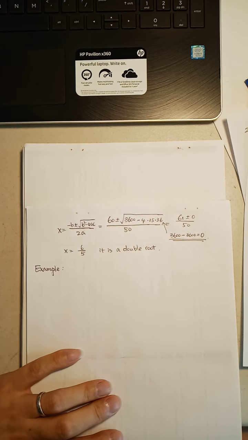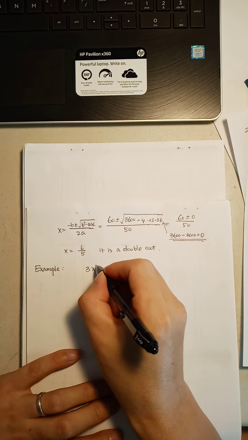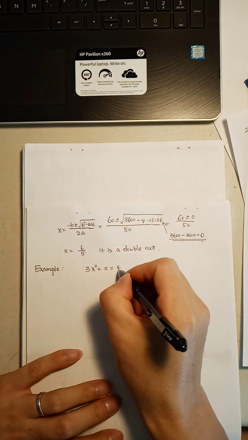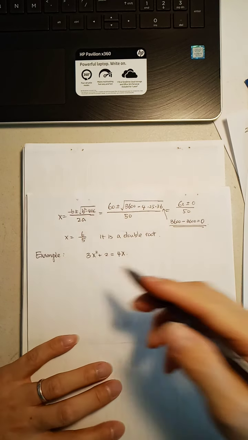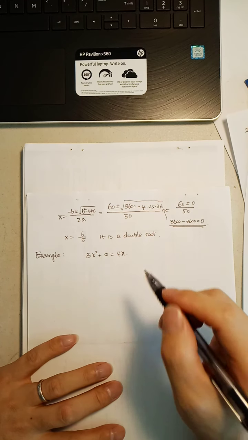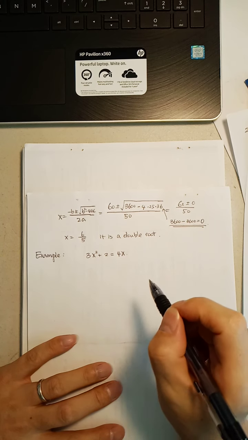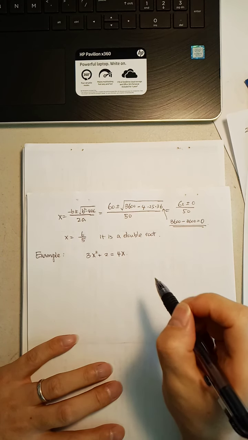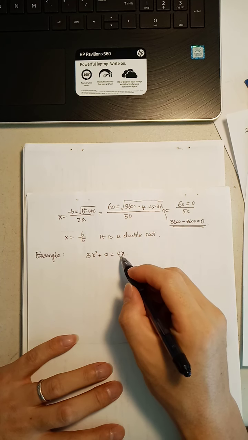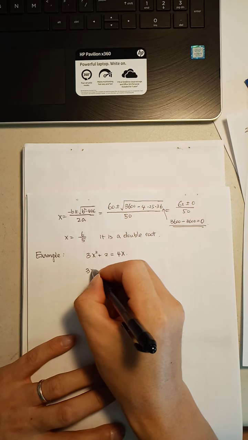Now let's see the example when the discriminant is less than 0. 3x squared plus 2 equal to 4x. Remember, the quadratic formula can only be applied when you have the quadratic equation in standard form. So first you have to move this 4x to the left hand side.